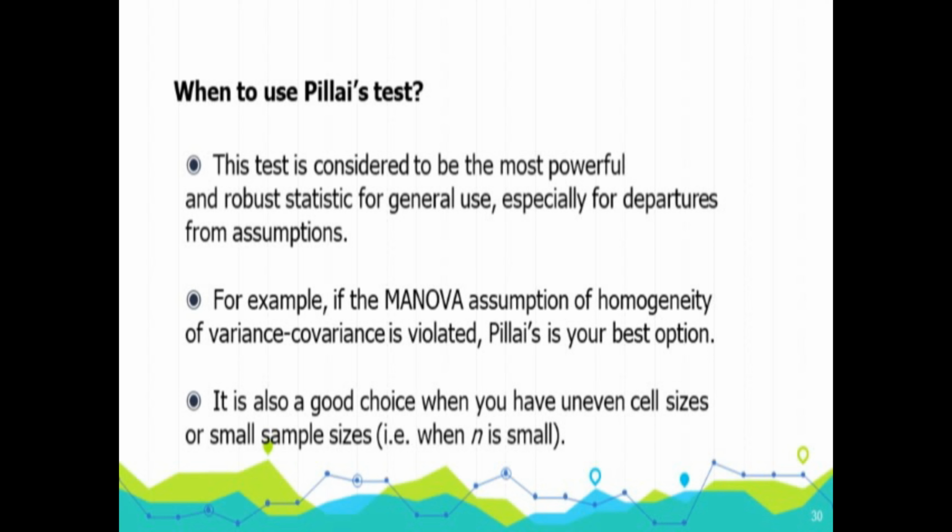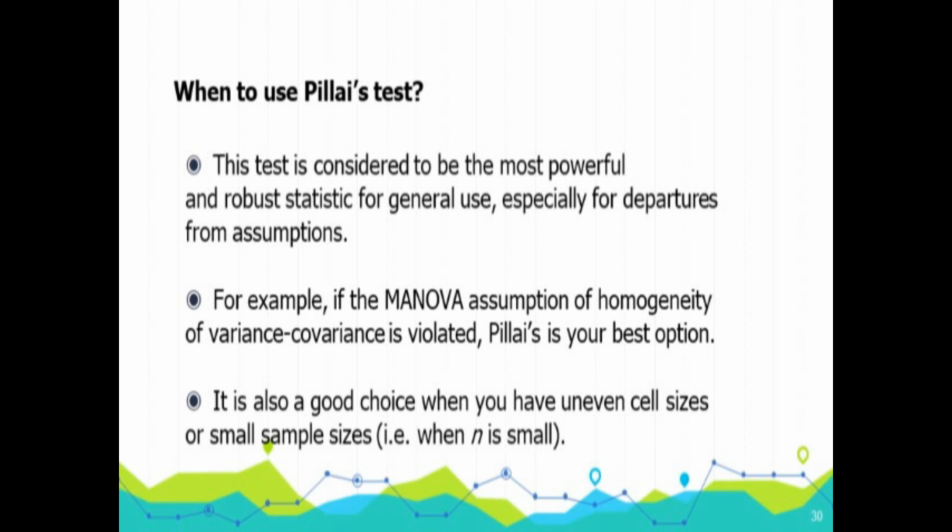So when are we going to use this test? This test is considered to be the most powerful and robust statistic for general use, especially for departures from assumptions. What we mean by that is that if there are deviations from assumptions, for example, if the MANOVA assumption of homogeneity of covariance is violated, then this is the best option that we can use.